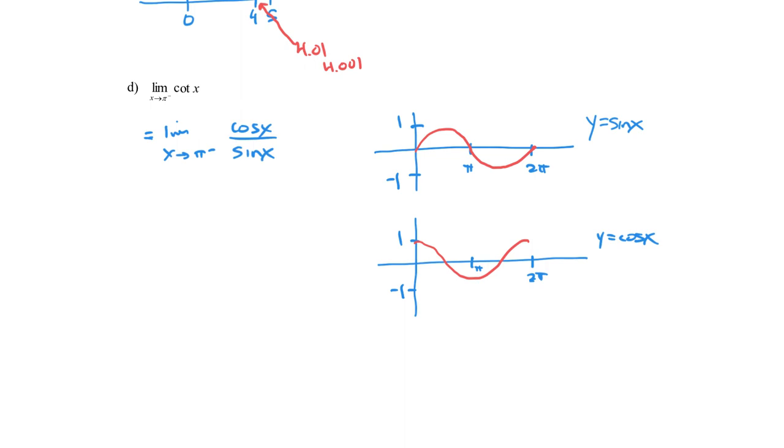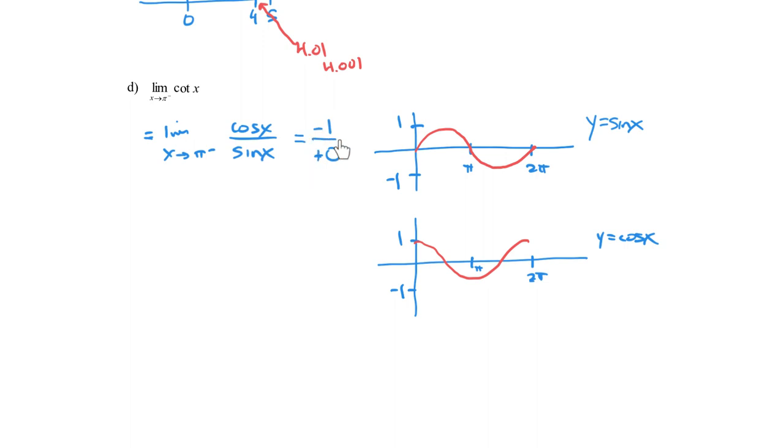So I'm going to think of this as positive 0, right? The sine graph is going to 0 through positive values. Now the cosine graph, on the other hand, is getting really close to negative 1 as I approach pi from the left. So I basically just have a negative 1 here.